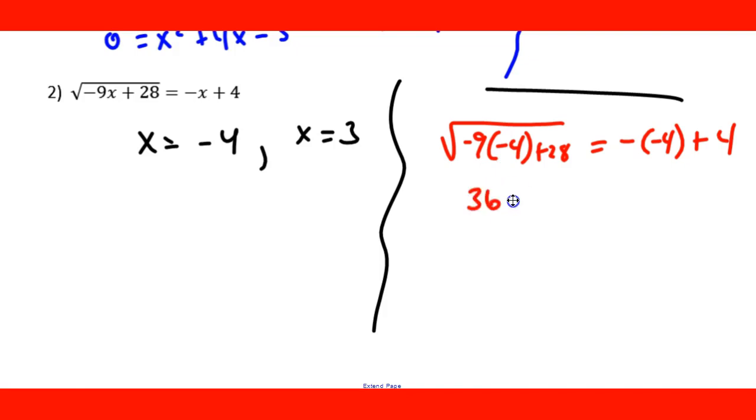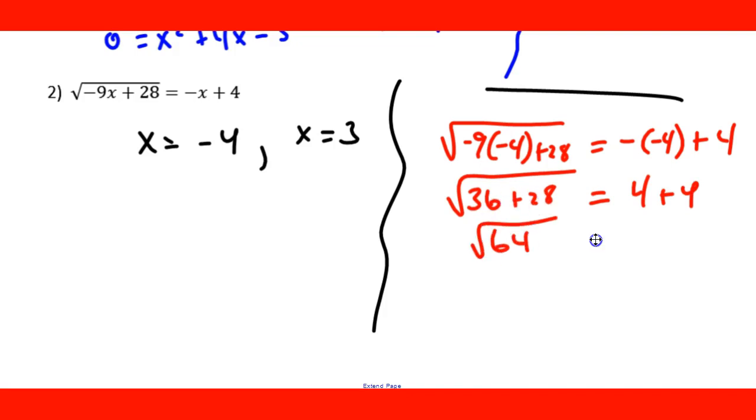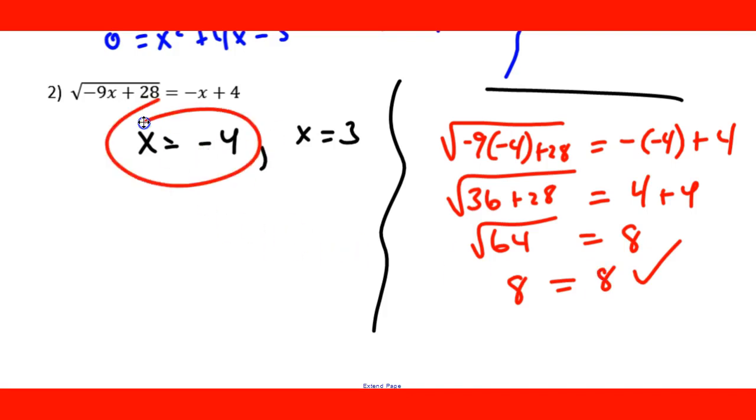And so we have 36 plus 28. And over here, you have a negative times a negative, that becomes positive, so 4 plus 4. Then 36 plus 28 is going to be 64. Square root of 64, and 4 plus 4 is 8 on this side. So the square root of 64 is 8, and 8 equals 8. So that checks out when you evaluate this value.